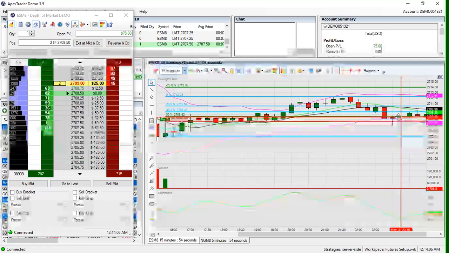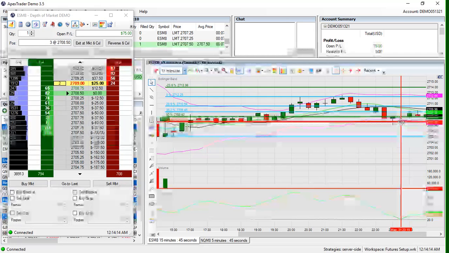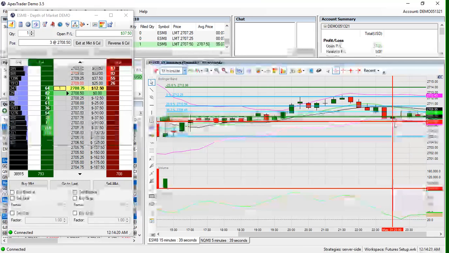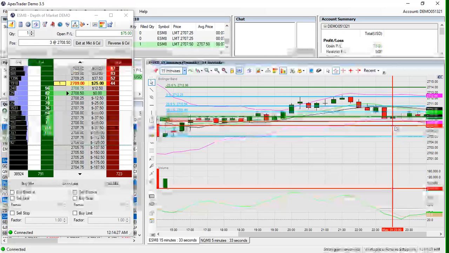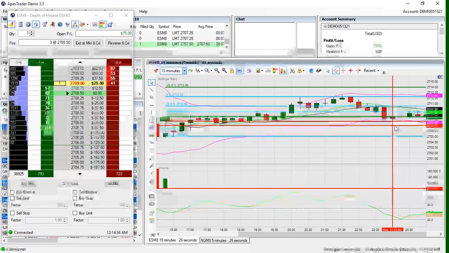And it actually went past the 2708.50, which is my green line, and it dropped back to the 61.8% level, which is 2707.77, or essentially 2707.75. We can see that it did pull back down a little further, so we're looking at 2707, so three quarters of a point or 3 ticks below what my 61.8% is.